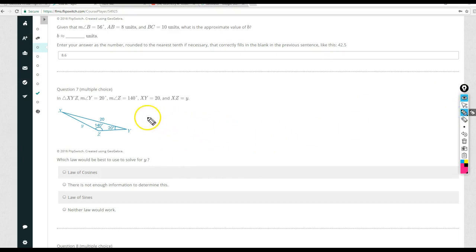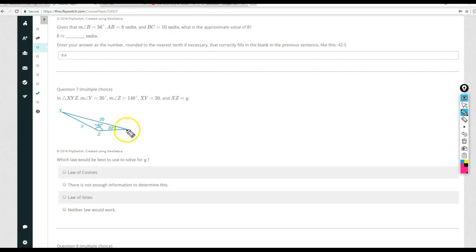In the law of cosines, I know that for the side length that I want to find, which is y, I need the opposite angle, which is 20 degrees, and I need the two adjacent sides to 20 degrees. So I have the 20 right here for one adjacent side, but I'm missing this adjacent side length's value. So I can't use the law of cosines there because I'm missing one of the adjacent sides to my angle of reference.